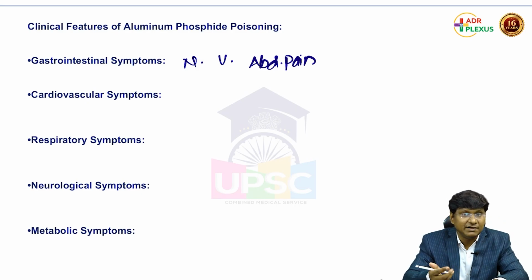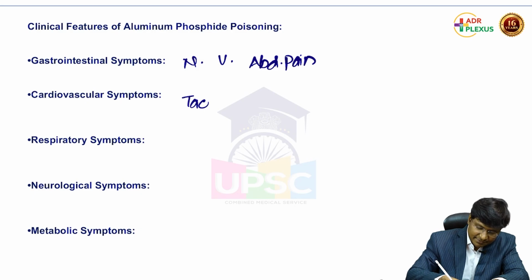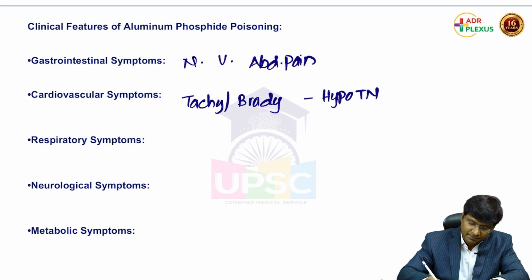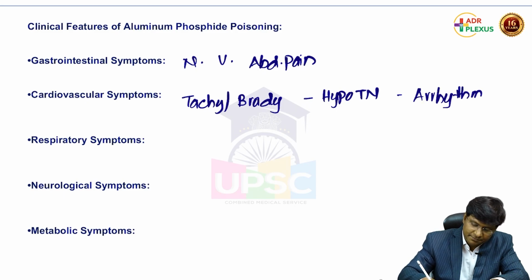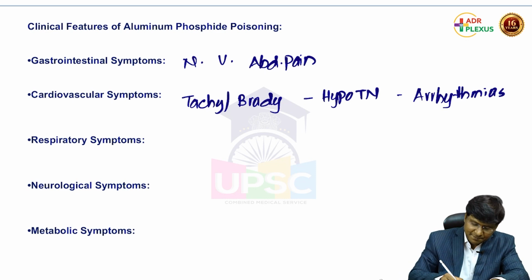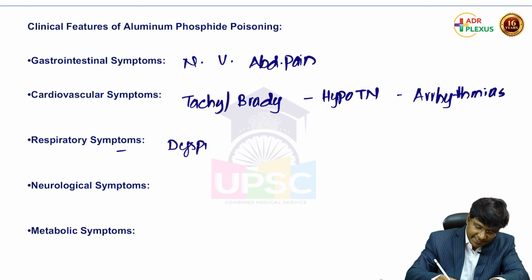These patients will develop either tachycardia or bradycardia, and consequent to that, there will be hypotension, and they also develop cardiac arrhythmias, right? And there will also be myocardial depression. Respiratory symptoms include dyspnea, secondary to the development of pulmonary edema, and there will be respiratory distress.